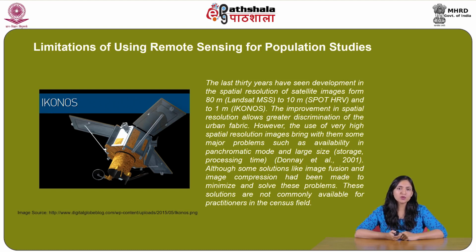However, the use of very high spatial resolution images brings with it some major problems, such as availability in panchromatic mode only, and large storage size and processing time. Although some solutions like image fusion and image compression have been made to minimize and solve these problems, these solutions are not commonly available for practitioners in the census field.